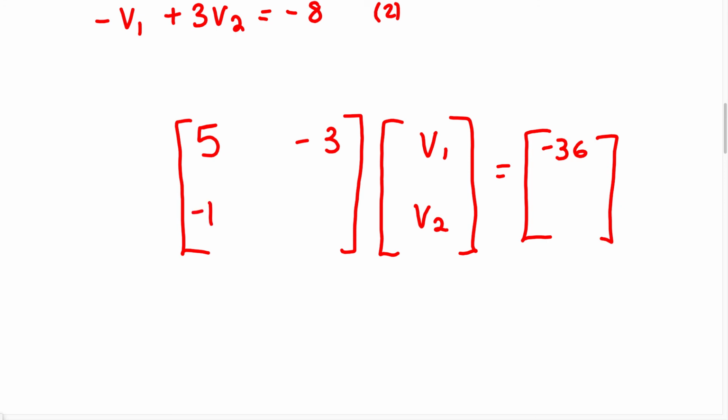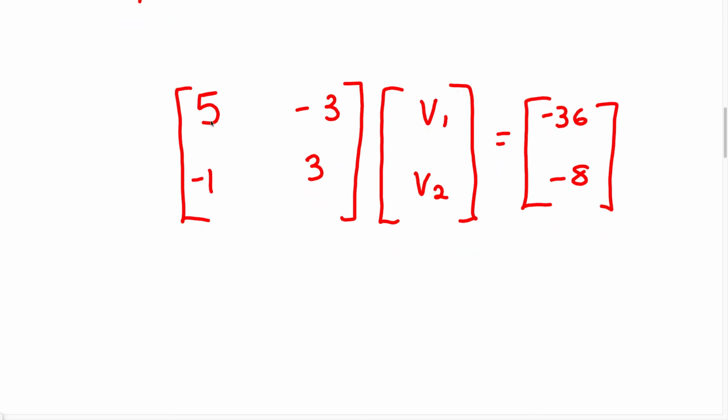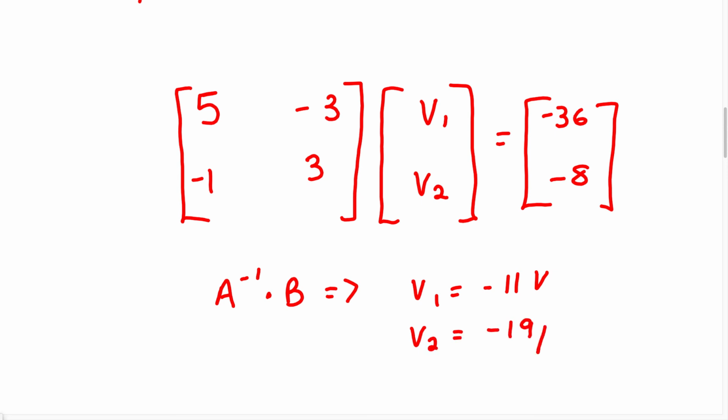Then we have negative 1, positive 3, negative 8. So we're going to take the inverse of A and multiply it by B. When we put this in our calculator and solve, we get V1 equals negative 11 volts and V2 equals negative 19 over 3 volts.